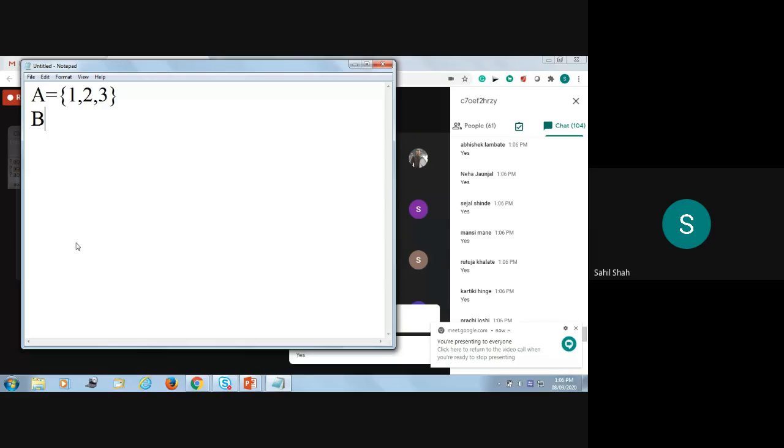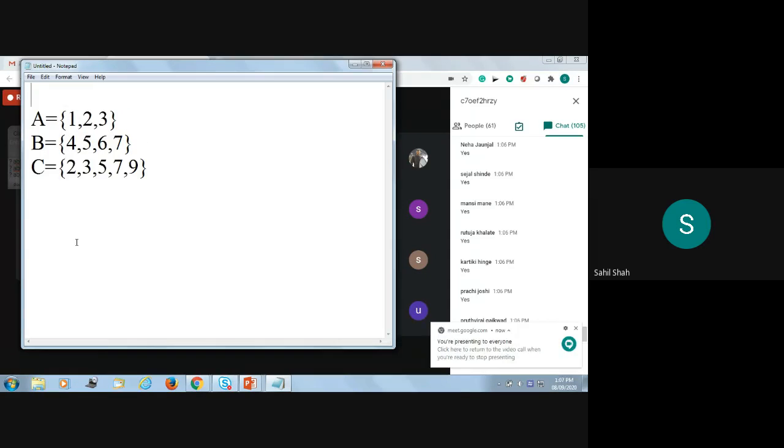Let B equal 4, 5, 6, 7. Let C equal 2, 3, 5, 7, 9. Let U equal 1, 2, up to 10.